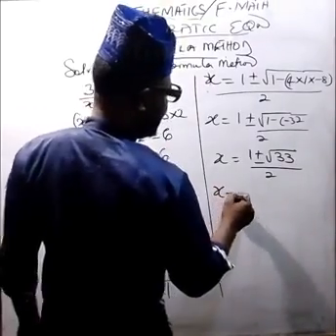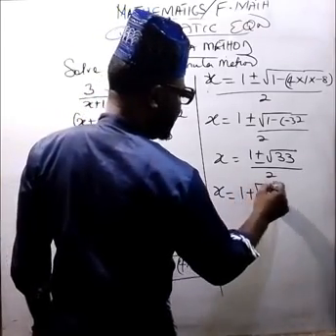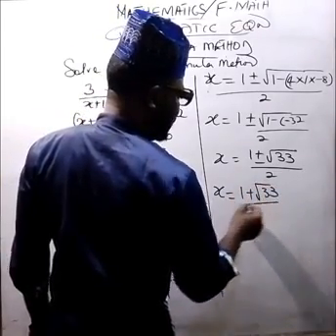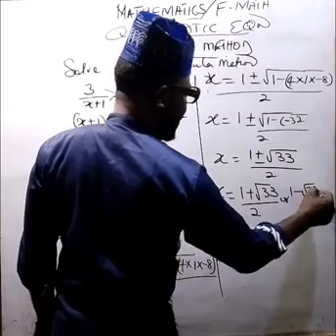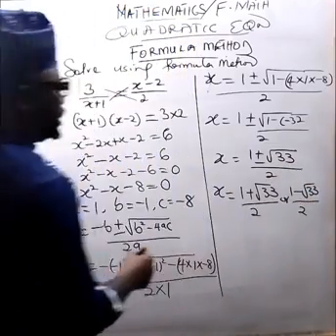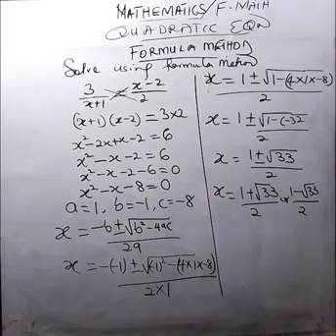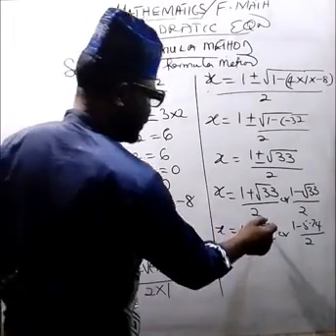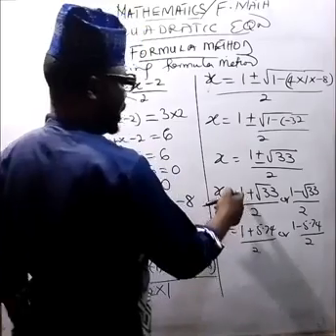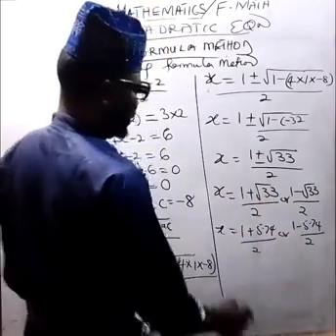So x is going to be 1 plus root 33 over 2, or 1 minus root 33 over 2. That is the value of x right now. Let's now find the value of root 33 as we conclude. The value of root 33 is 5.74. So we have 1 plus 5.74 over 2, or 1 minus 5.74 over 2.